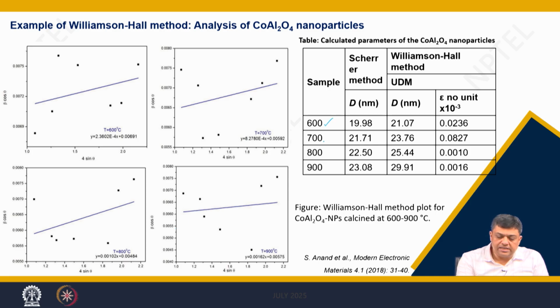So, you take a sample prepared at various temperatures, and you can then use either the Scherrer formula to determine the crystallite size, or you can use the Williamson-Hall method to determine the crystallite size, and along with that the strain in these materials.